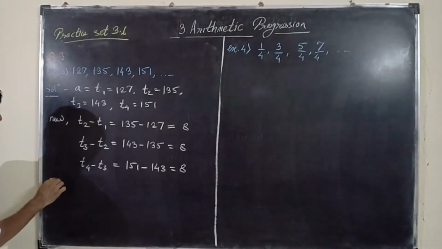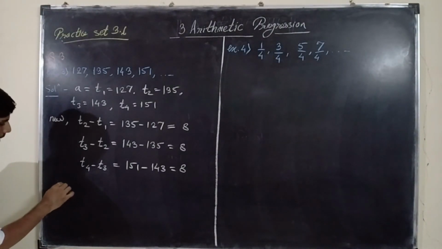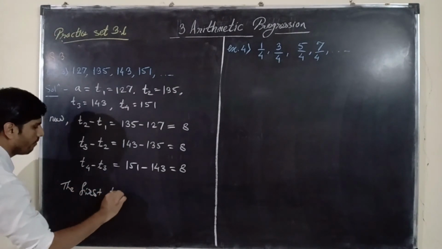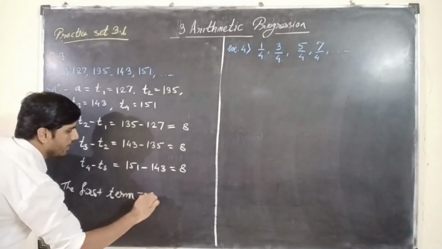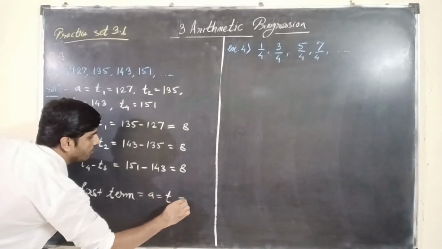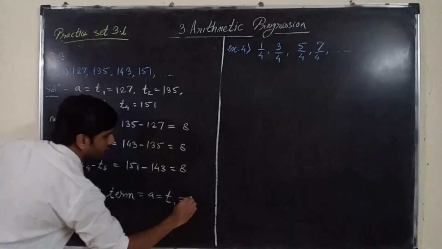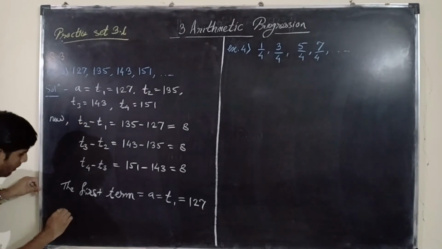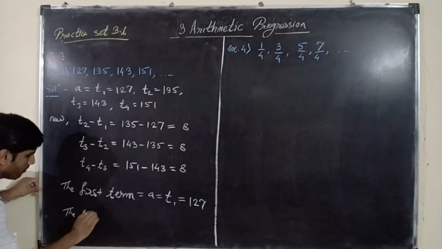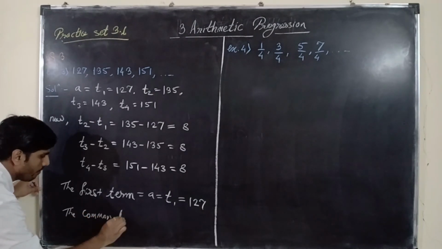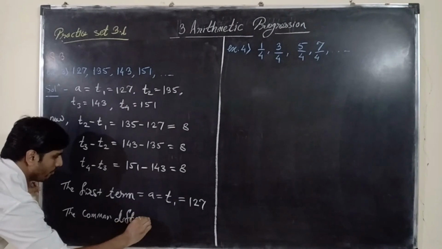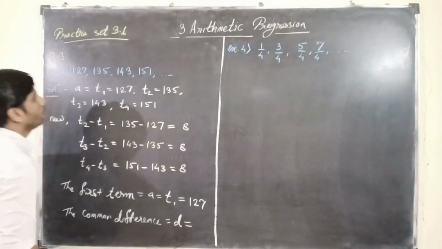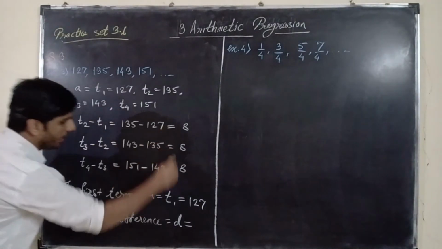So here we can say that the first term, which is A, which is also called as T1, which is equal to 127, and common difference, which is denoted by D, which is equal to 8.